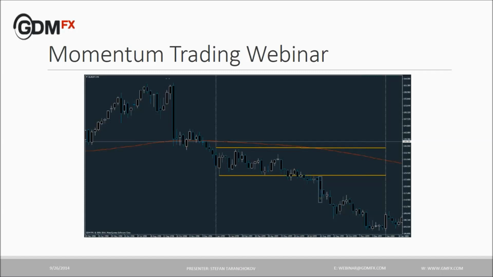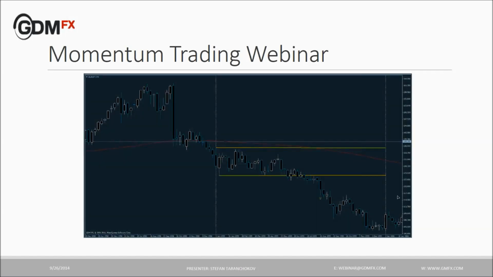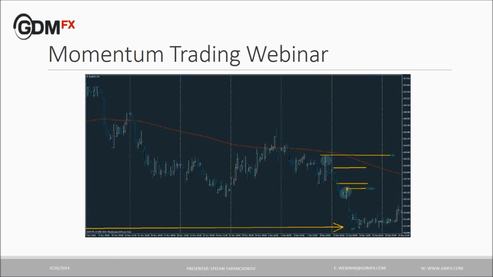If the previous week the price was going down and we have a breakout in the downward direction, we open a short position, maybe an instant execution, pressing the button at the time you see this breakout confirmation here, or you can place a pending order to enter somewhere around this level to sell. Next step, plot our target, stop loss and take profit, and wait for this position to do its magic.